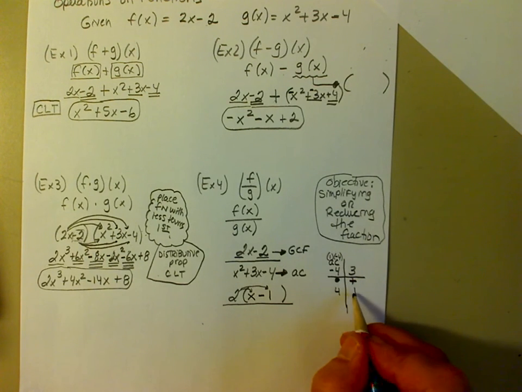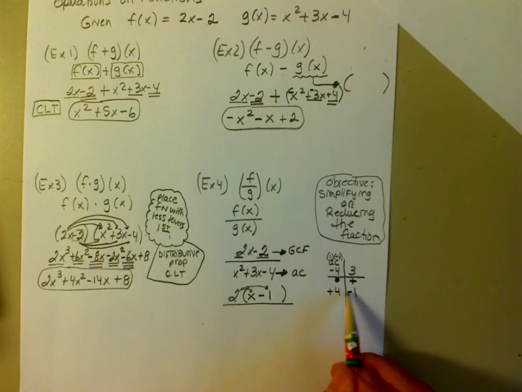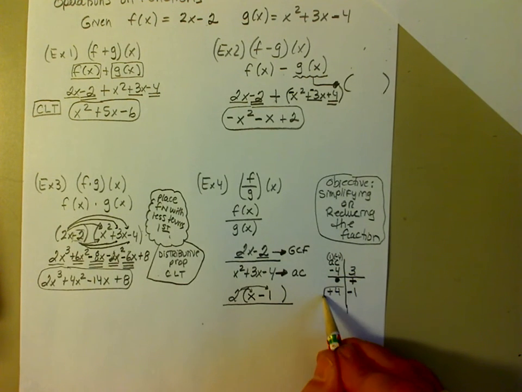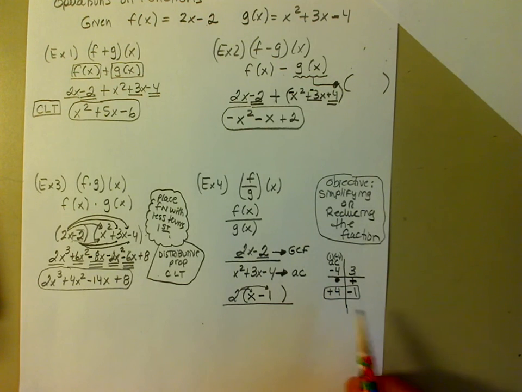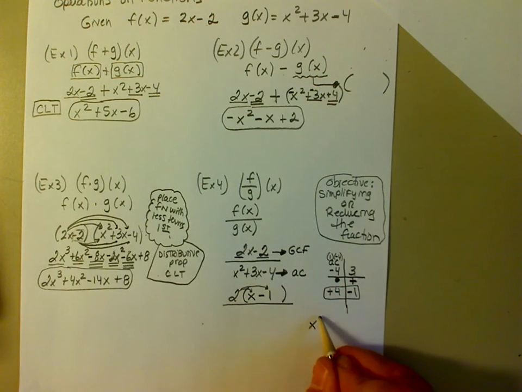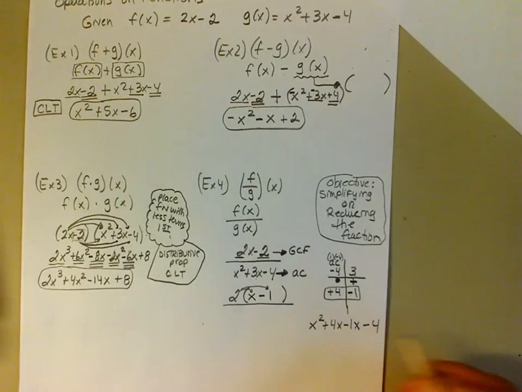But 4 and 1 makes the most sense. If I put a positive 4 and a negative 1, let's check it. Does it multiply? Yes. Does it add? Correct. So now I'm going to take those two numbers and use them to rename the middle term. So x squared plus 4x minus 1x minus 4.